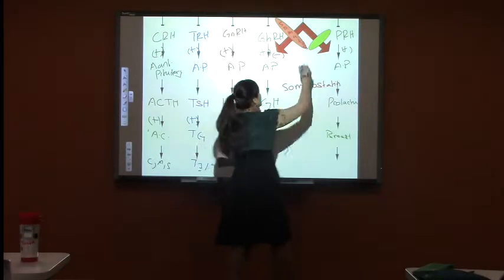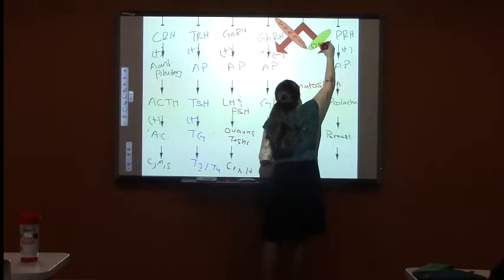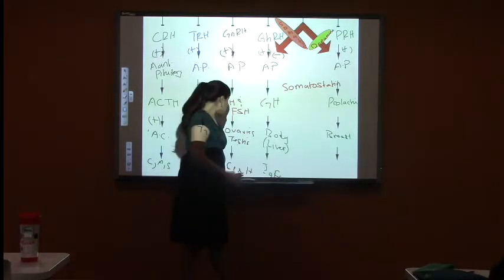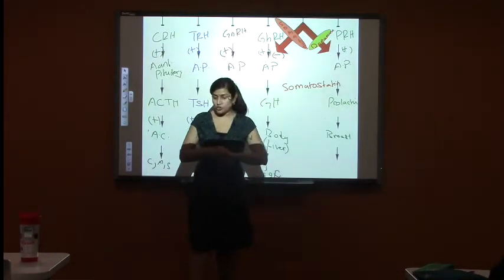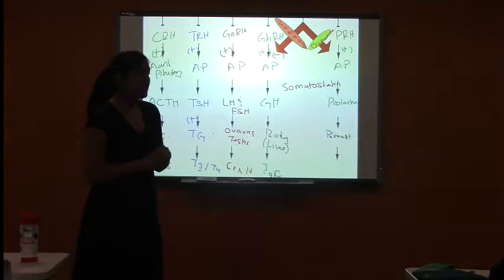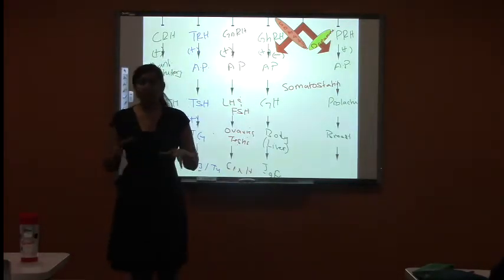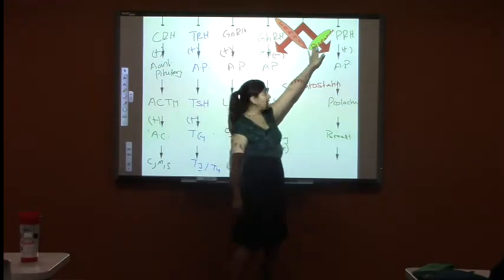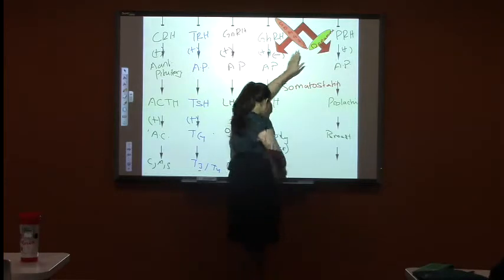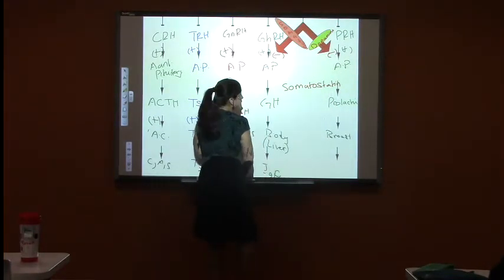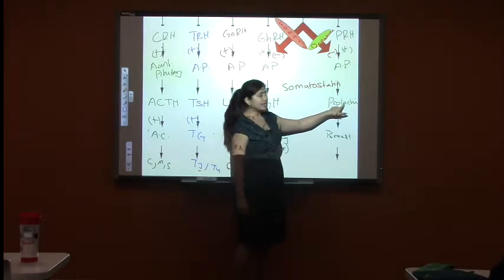Now, the second one is dopamine. Dopamine can act as a neurotransmitter or as a hormone depending on what secretes it. Okay? When it's secreted by the endocrine system, it's a hormone. So when dopamine is secreted by the hypothalamus, it actually goes and inhibits the anterior pituitary from releasing prolactin.